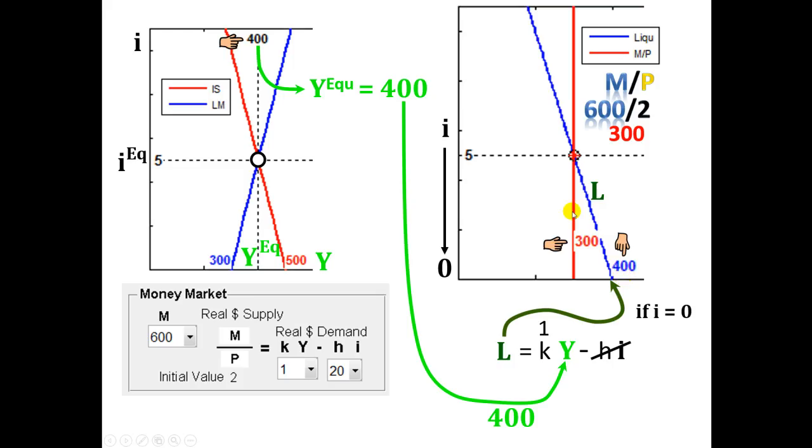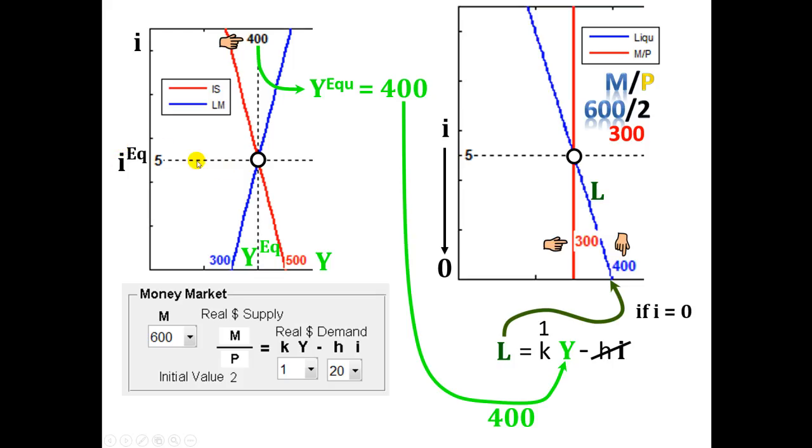And the intersection between this red line, which is real money supply, and this blue line, which is real money demand, which is this point, we found numerically the equilibrium here in the money market. Why is this value 5 exactly the interest rate in equilibrium?